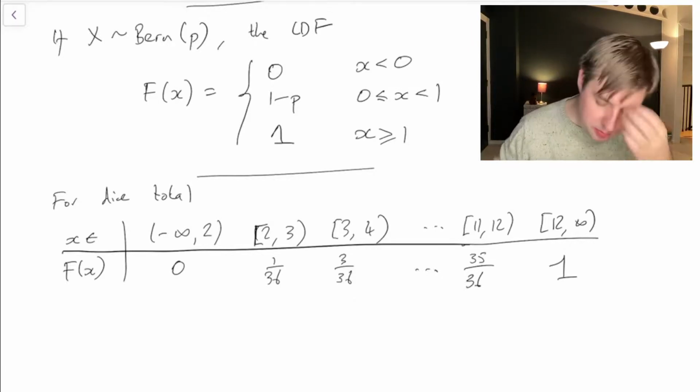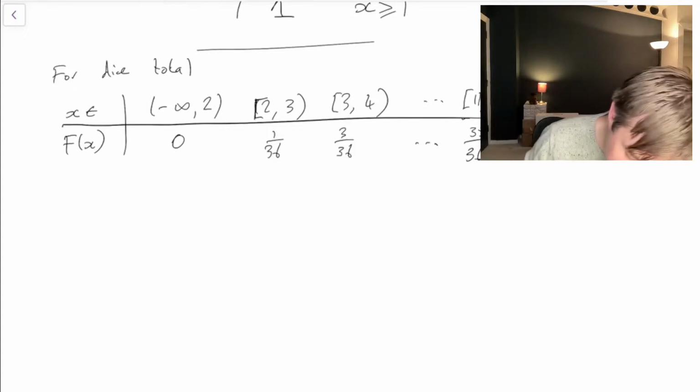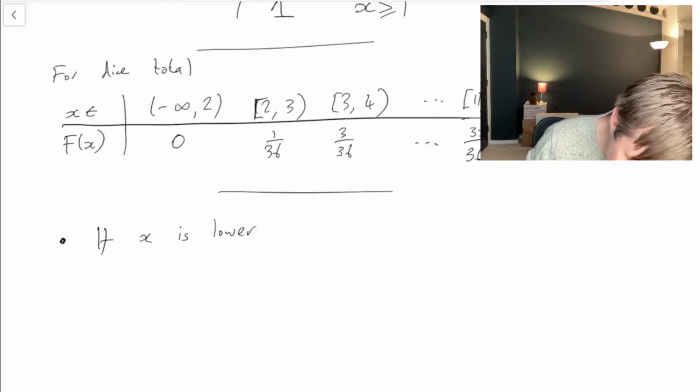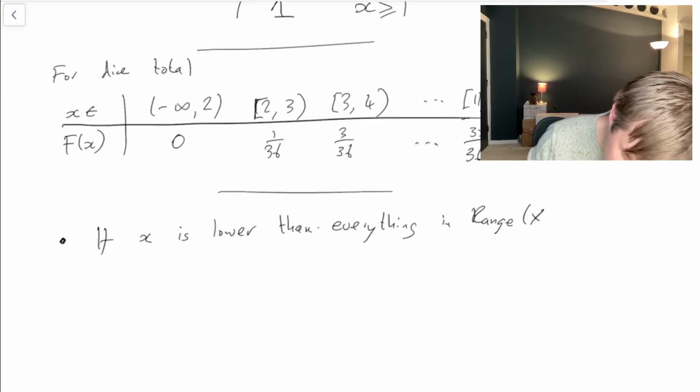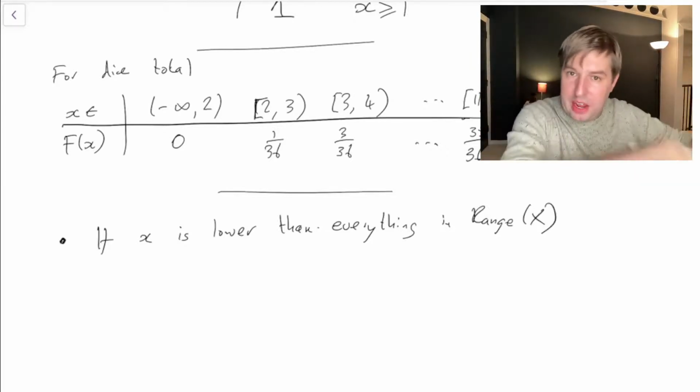We can also mention a few facts about the CDF. If x is lower than everything in the range, well, then the little x is lower than everything possible.